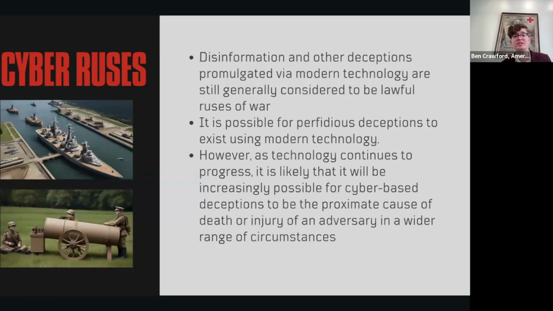However, as technology continues to progress, it is likely that it will be increasingly possible for cyber-based deceptions to be the proximate cause of death or injury of an adversary in a wider range of circumstances. Examples include deceiving a pacemaker company and hacking their devices to cause them to stop, posing as a routine software update for their pacemaker's computer chip.